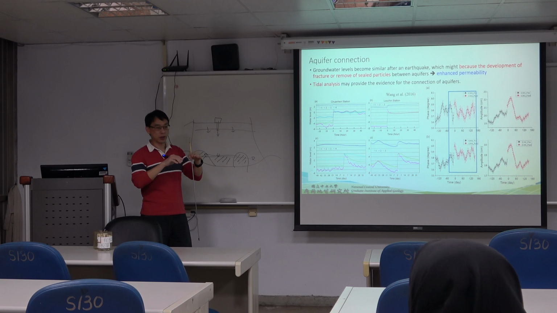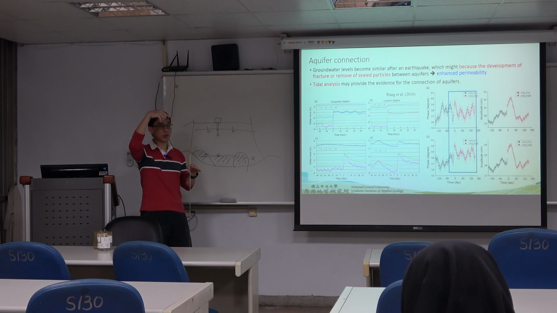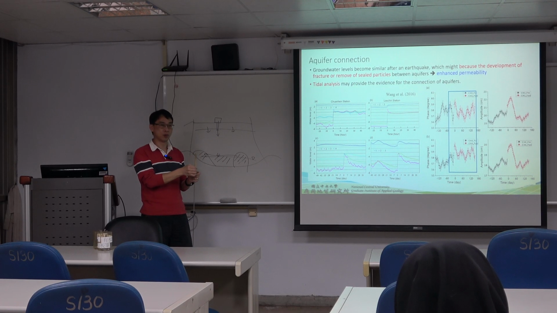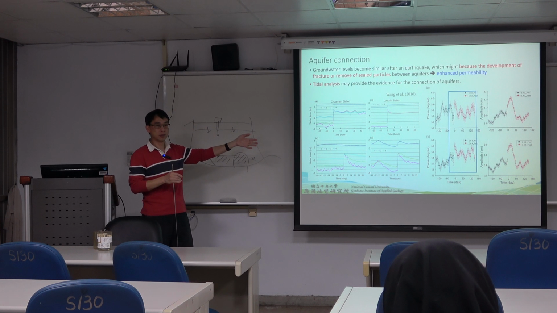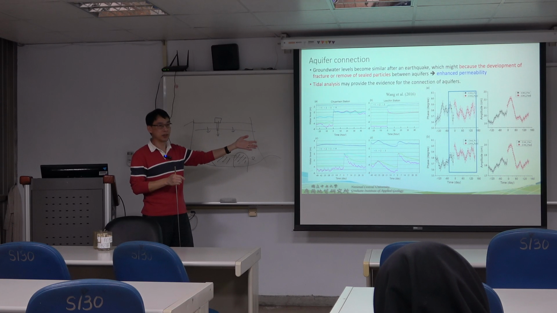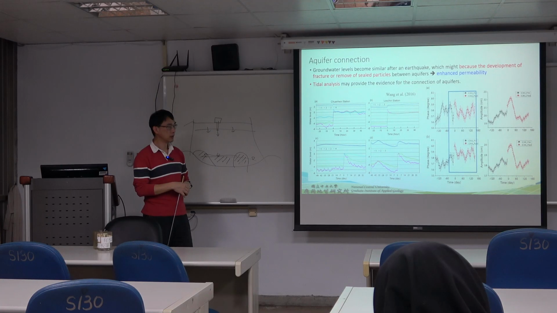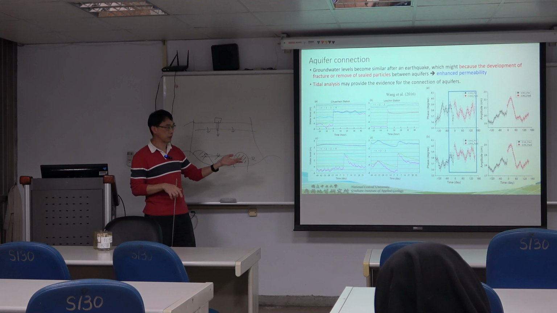Okay, so they can use the theoretical earth tide strain and your observed groundwater level response to calculate the time lag, and they use the time lag to invert for the transmissivity or the permeability. They use this kind of concept to do the inversion. So they are able to gather the differences.